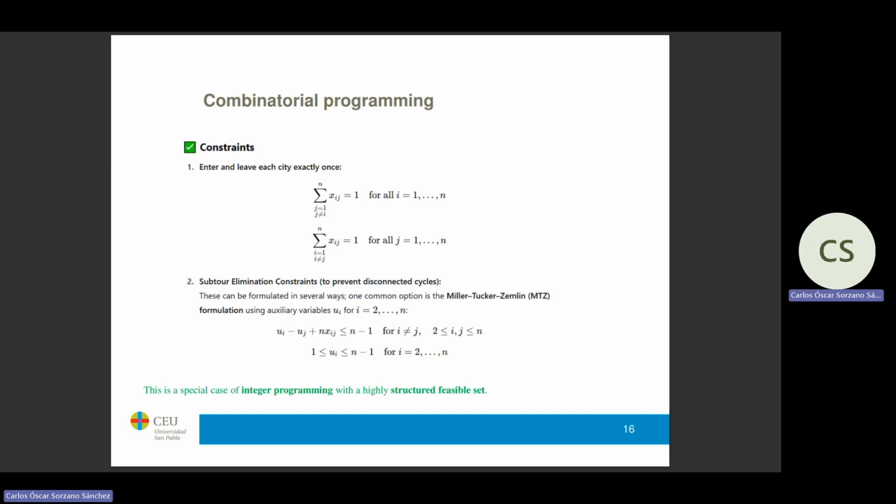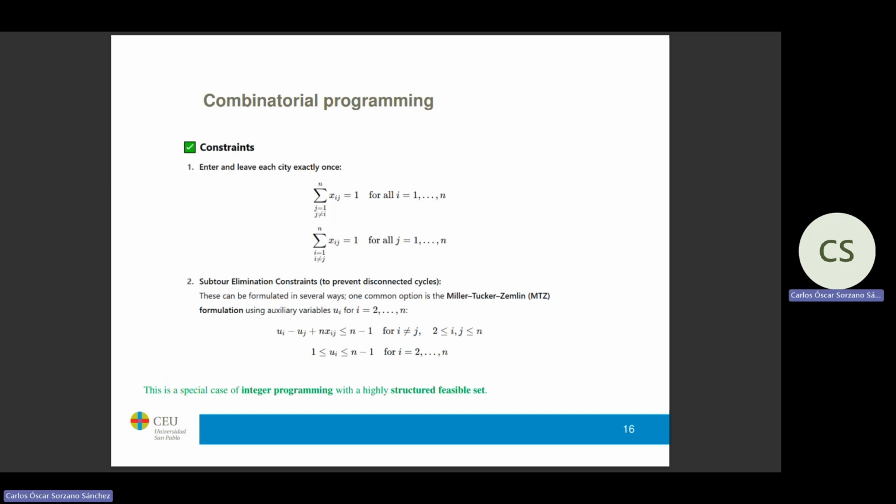And entering a city means that for all j's, the sum over i's also has to be 1. These two constraints say that in each city you must enter once and leave once. You cannot enter once and leave twice, for instance. That is not feasible.